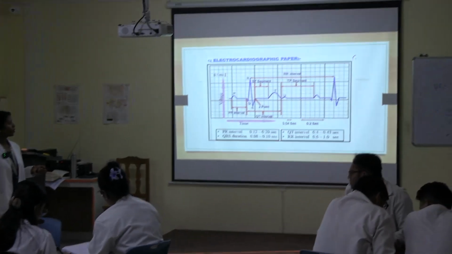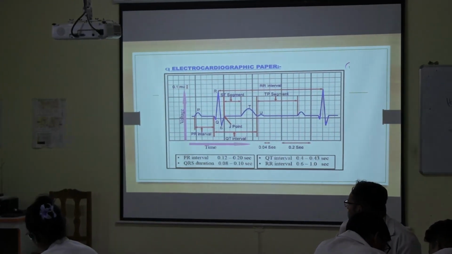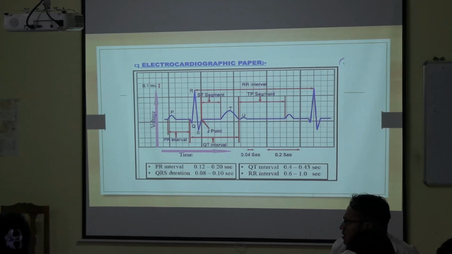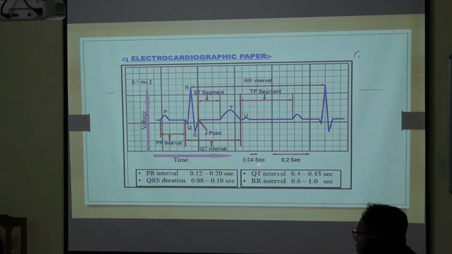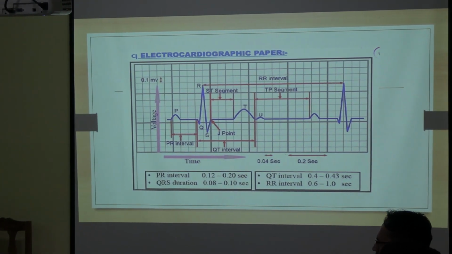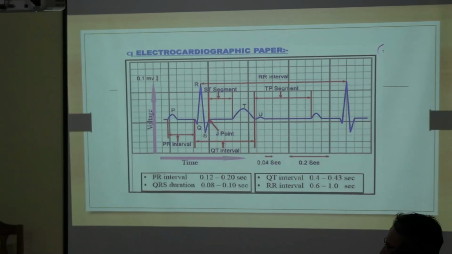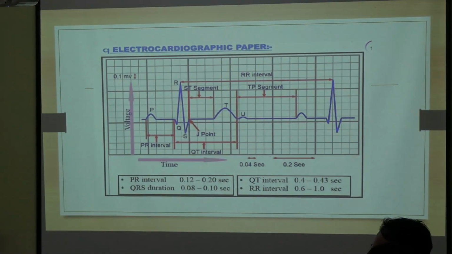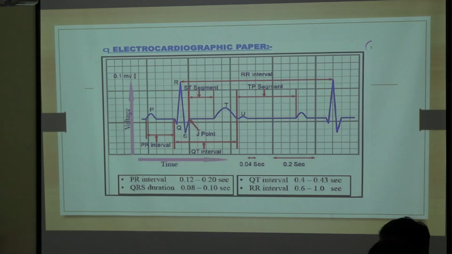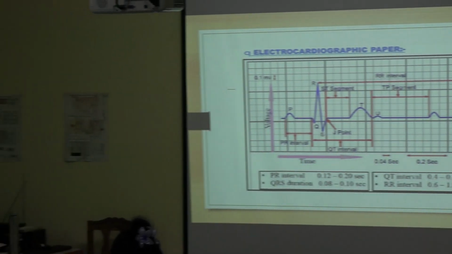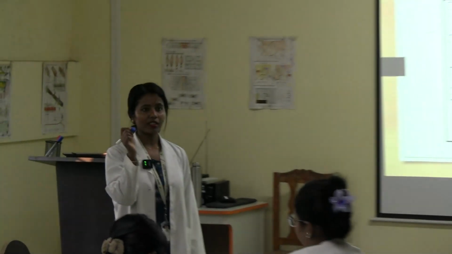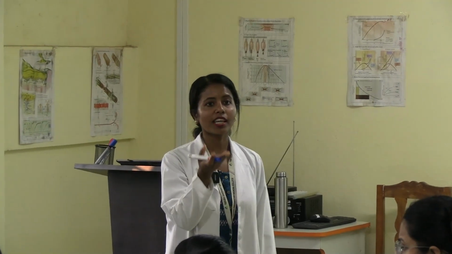Then what is J point? What are the activities here? Why is it a straight line? What is the importance of this J point? If there is any elevation beyond this point, then you are talking about MI.